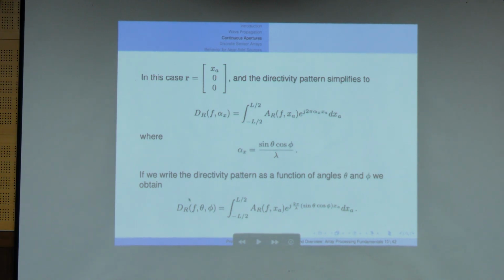So I repeat, directivity pattern means what is the magnitude and phase of the electrical signal that is measured at the output of the aperture, at the output of this antenna or receiver, in response to a plane wave that propagates and hits the aperture. So it will be like that.